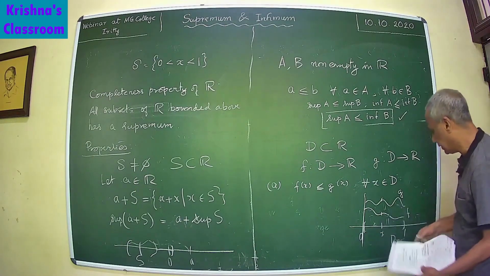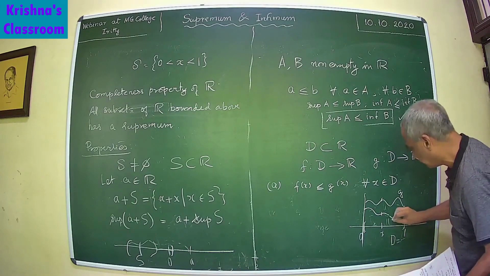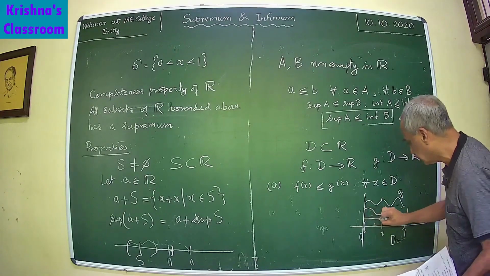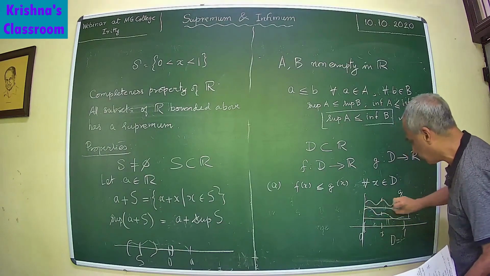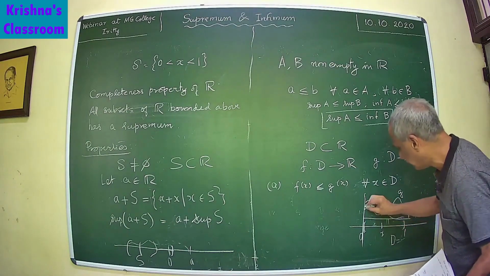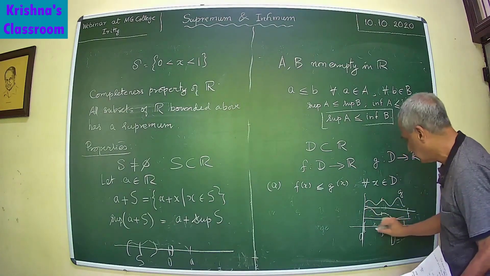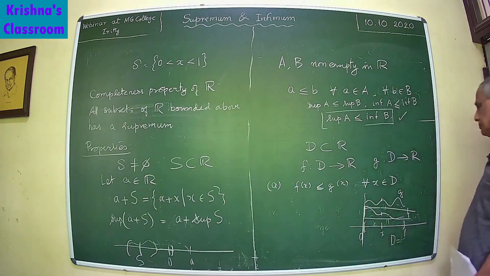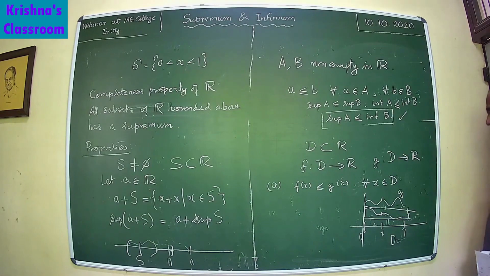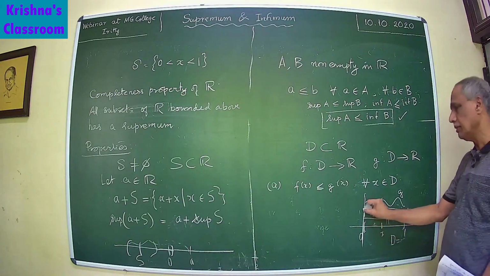What are the values here? In this function, there is the upper bound and the lower bound of f. So f is a map from D to this interval. Okay, so you have the minimum and the maximum here.